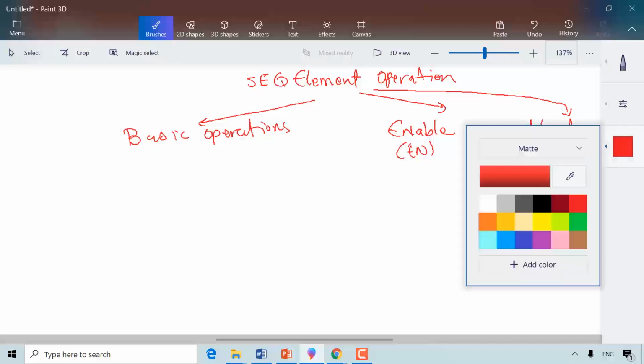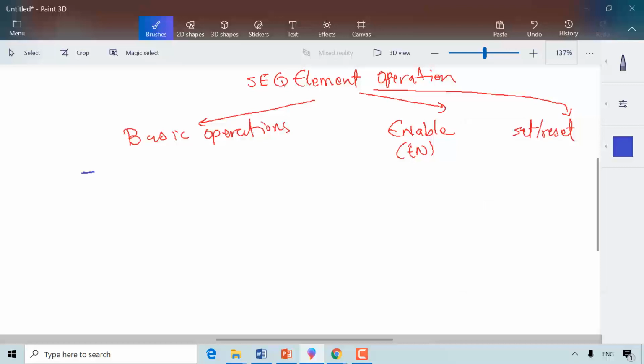Let's take a look in here. What are the basic operations of a sequential element? The basic operation of any sequential element is two. This sequential element must be able to store data. Somehow we have to find a mechanism of storing data and accessing the sequential element.